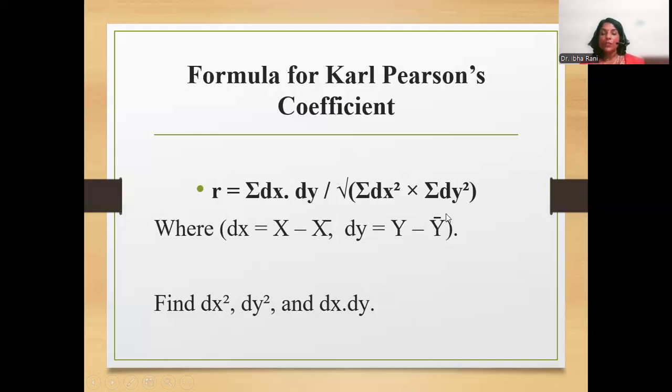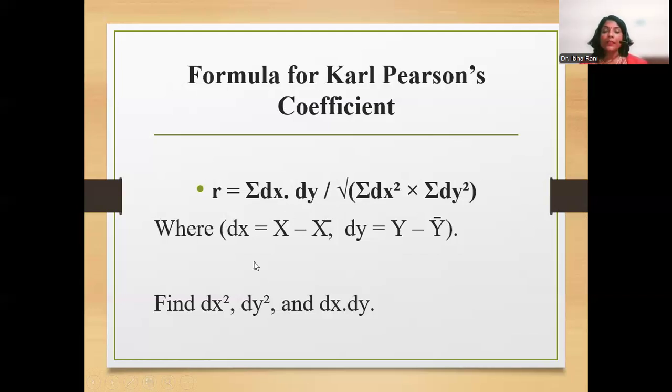Now, in the questions, there will be two variables given. Maybe sales and profit, maybe advertisement expenses and the profit. So one variable we will consider as X and the other variable we will consider as Y. Based on these two variables' values, you can calculate the value of r. Here, the formula is the summation of dx into dy.